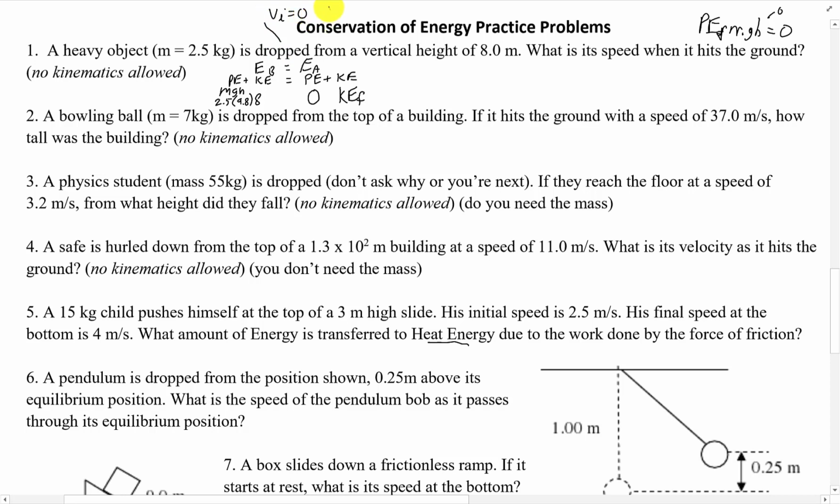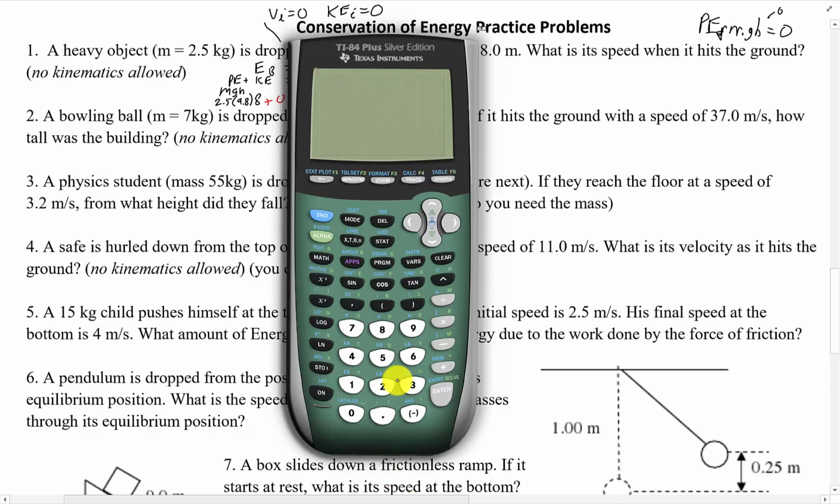So the initial kinetic energy is also 0. So plus 0 equals 0 plus the kinetic energy final. So let's just figure out what this number is. 2.5 times 8, and that'll be 20, times 9.8, 196.